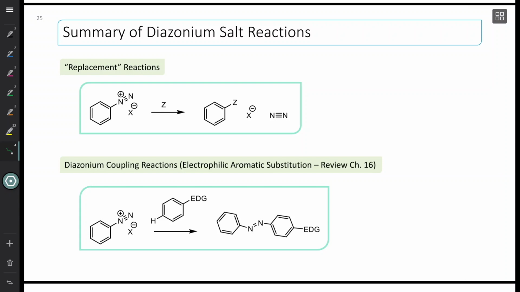The other one, the next reaction, is diazonium coupling reactions, and these are actually electrophilic aromatic substitution reactions, so the same mechanism that we learned in chapter 16, and you form these cool azo compounds here, and we'll see those as well.